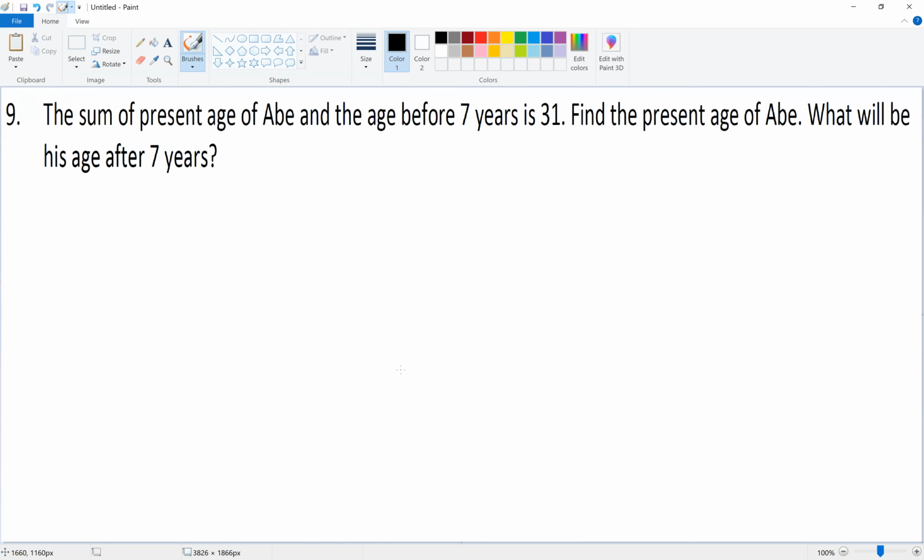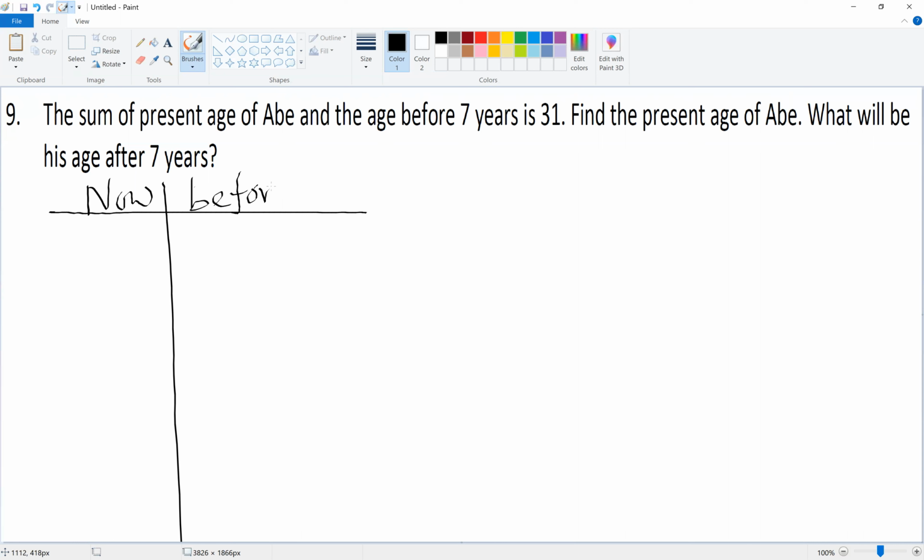What is his present age? The present age of her is 19. And how did you find out? I did a hit and trial method. If you do 19 and 12, that is 31. And then 19 plus 7, that is 26.